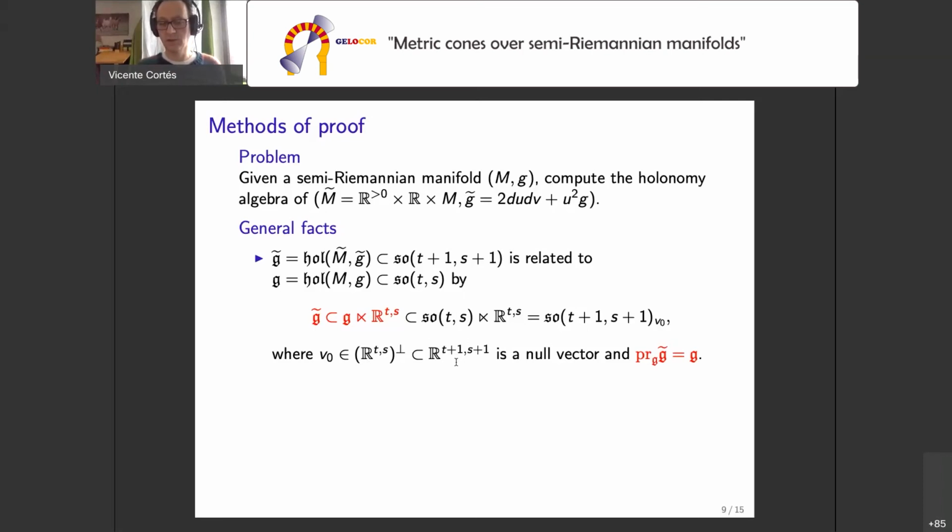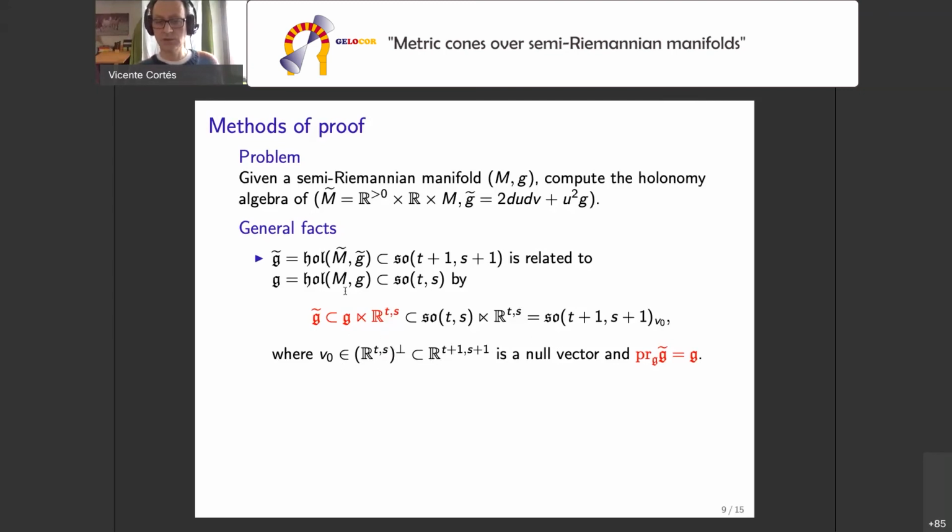So we have the big tangent space, which has signature (t+1, s+1). In it, we have the tangent space of M, which has two dimensions less. And in the orthogonal complement of this R^{t,s}, we choose a null vector, and then the stabilizer of such a null vector has this type of structure, so(t,s) semi-direct product with R^{t,s}. So that's why this affine algebra appears here. And then we know a little bit more.